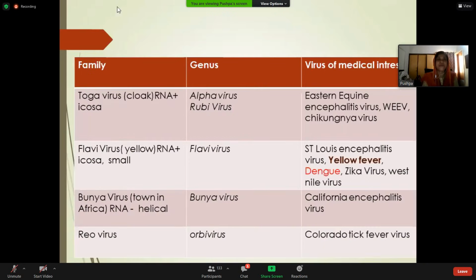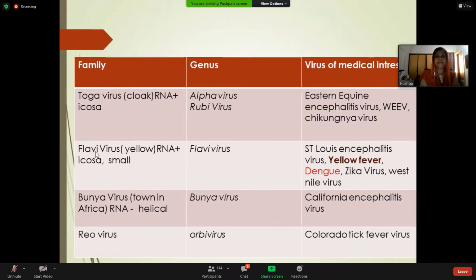So these are the 4 major families and their types of viruses which cause diseases. One is the togavirus, and they cause Eastern equine and different types of encephalitis. And in this togavirus group, Chikungunya virus is also an example.